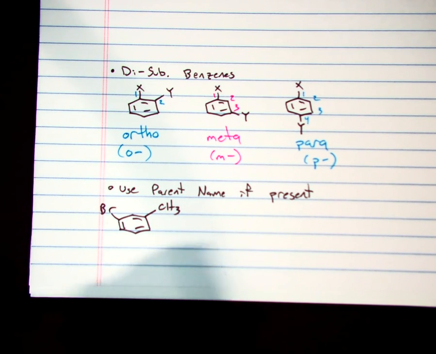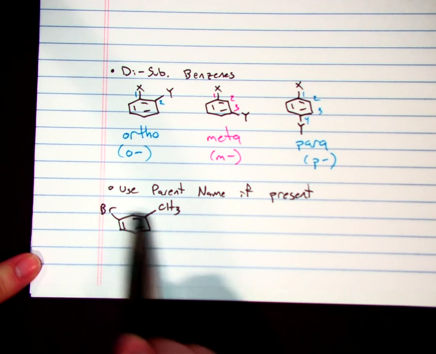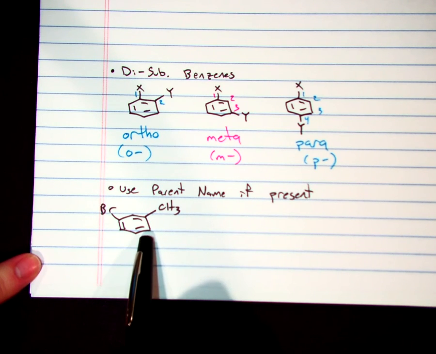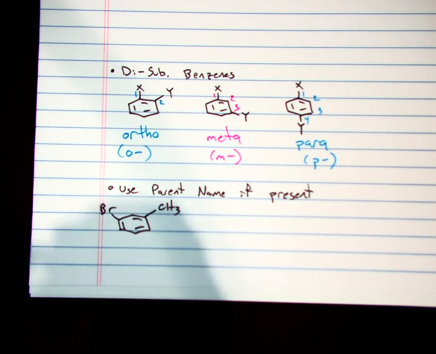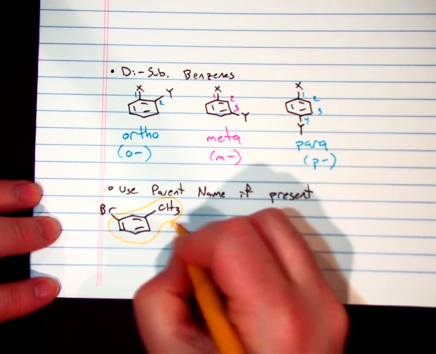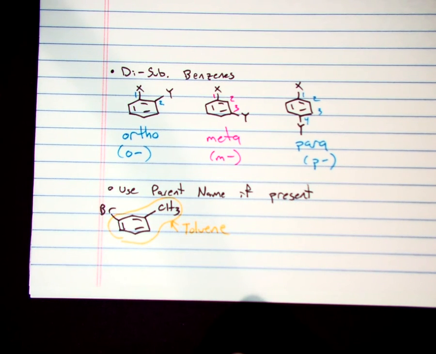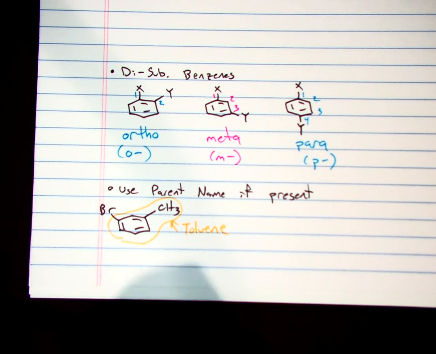So here we have a bromine and a methyl group attached to our benzene system. Now, the methyl attached to our benzene system is one of our special parent names. So this ring system is going to give us a toluene, and we're going to use that as our parent name.